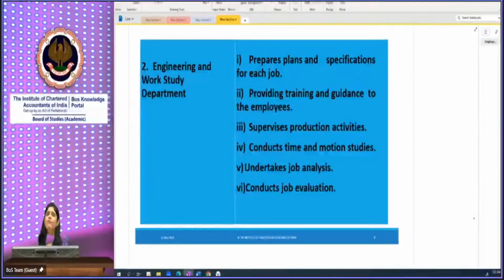So that 1,000 will be divided. Apportioned means will be divided, will be shared among all the 3 departments proportionately according to the light points they have. So department 1 will have the maximum share because they have 5 light points. Department 2 has 3 and department 3 has 2.